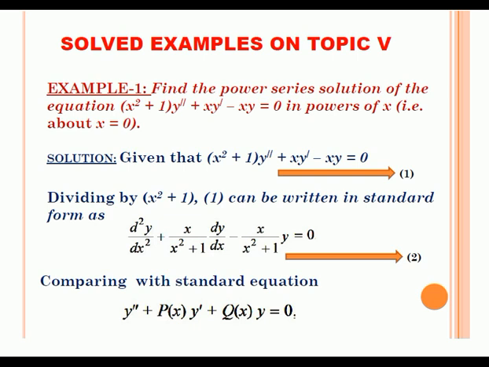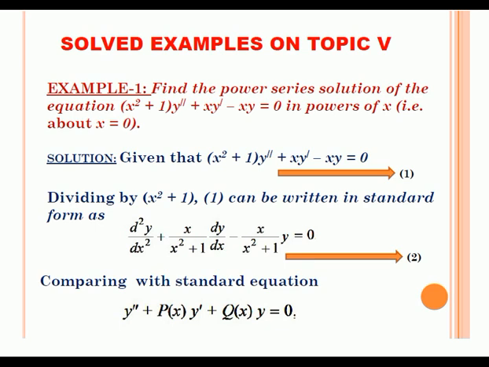Then differentiate once, differentiate twice, and you will get y dash and y double dash. Then you back substitute in the given differential equation. Then you arrange all the terms: first the constant terms, the x power 0 term, then the x power 1 term, x power 2 term, x power 3 term, and so on. After arranging like that, equate each and every coefficient of x to 0. Then solve for C1, C2, C3, C4. I hope it is clear.